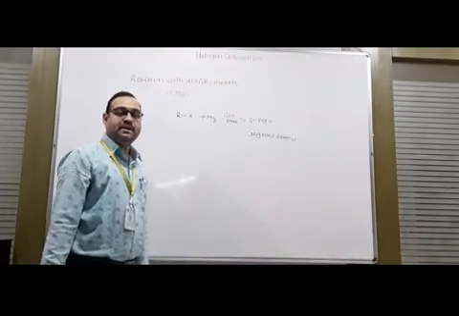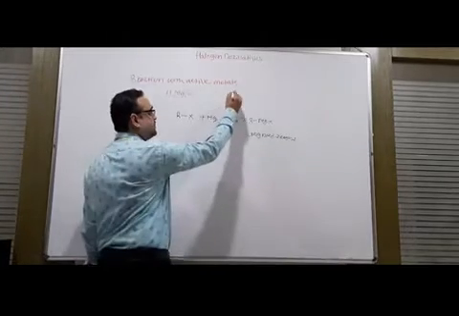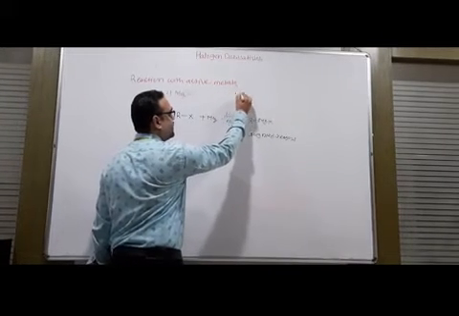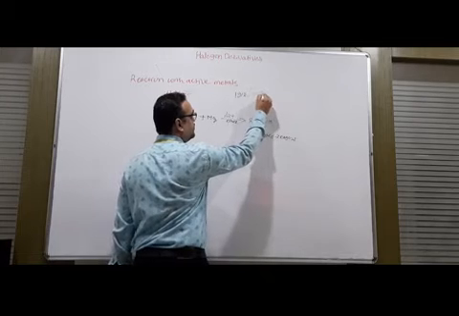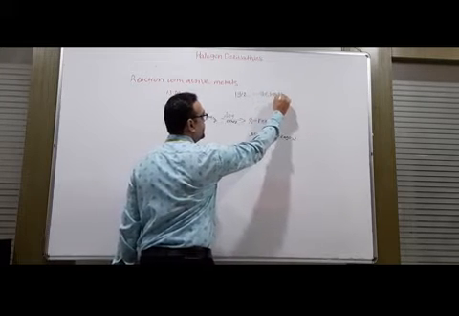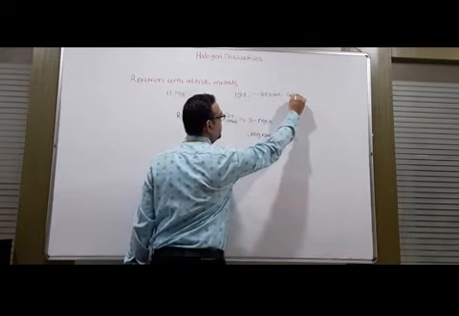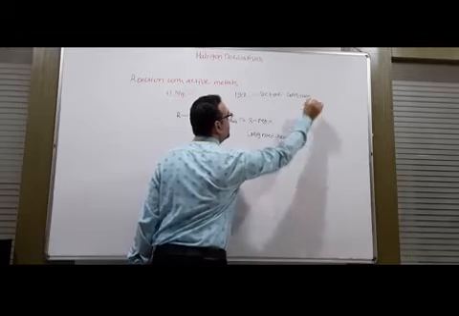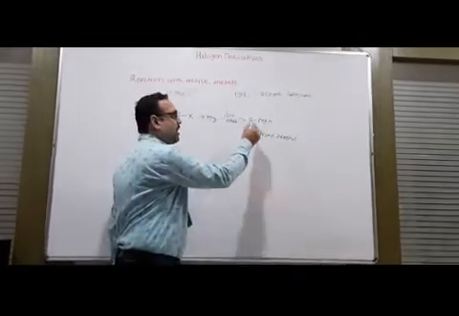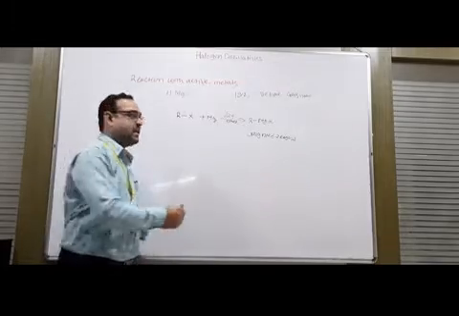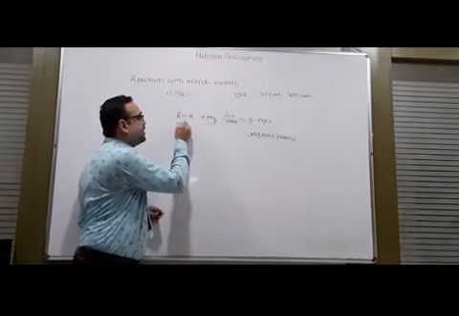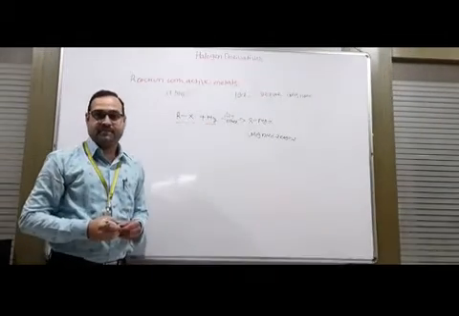In 1912, Victor Grignard discovered this compound by reacting magnesium metal with alkyl halide.